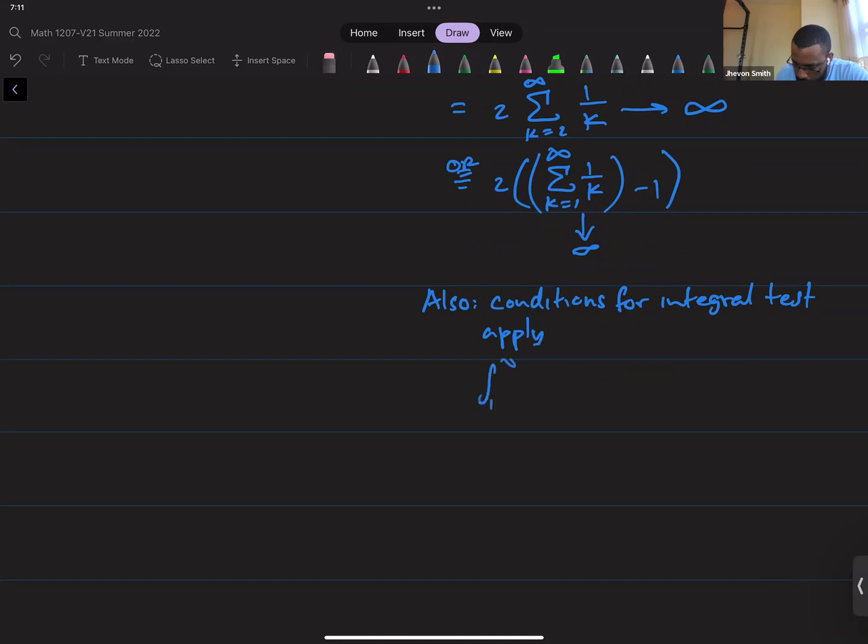So if I look at the integral from 1 to infinity of 2 over n plus 1 dn, obviously that's going to diverge because that gives you 2 ln of n plus 1 from 1 to infinity. And that, of course, equals infinity. So a couple ways you can see that that diverges. But the harmonic way is nicer and faster.